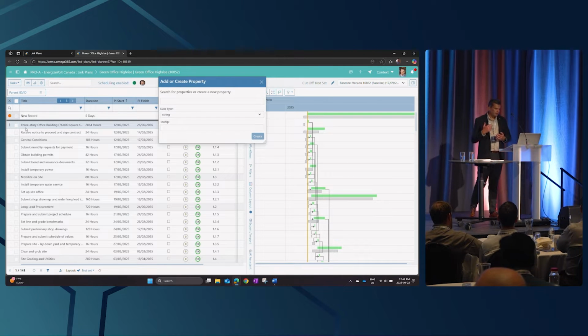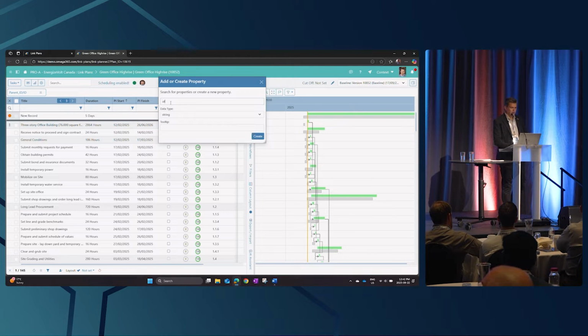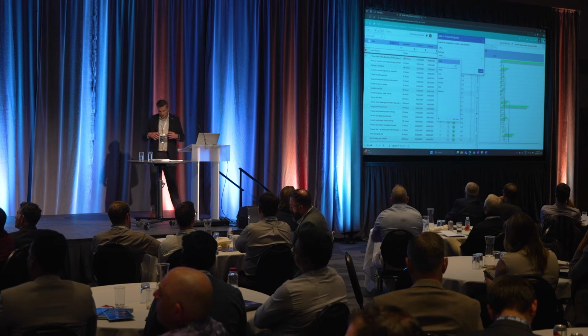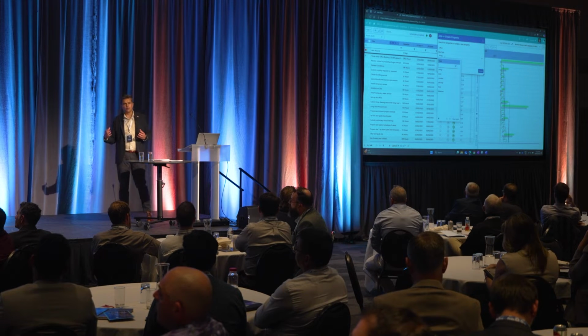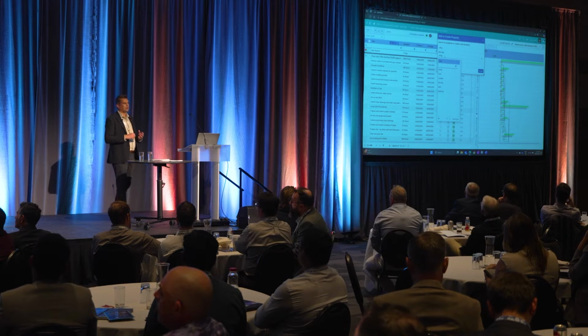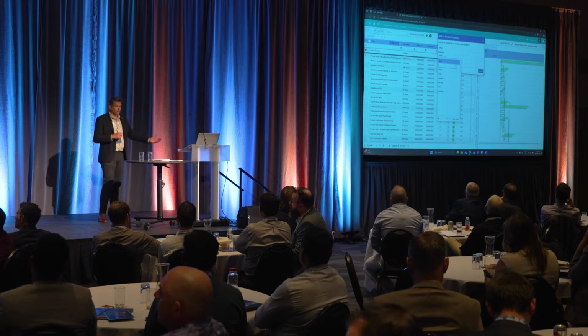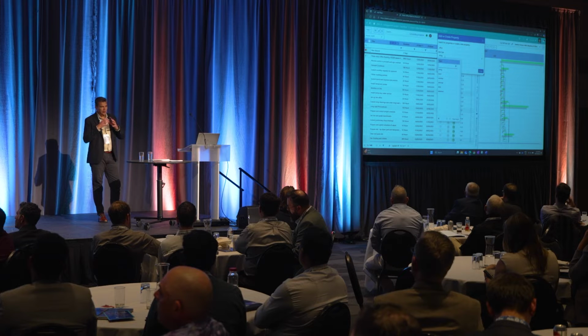So here, if I want to have a grouping in my schedule based on office location, I'll simply go ahead and add that as a new property. It can be a text, it can be a number, and I can add as many of these as I want. By doing that, I can group that schedule that's given to me by a contractor or built by myself to anything that I want.